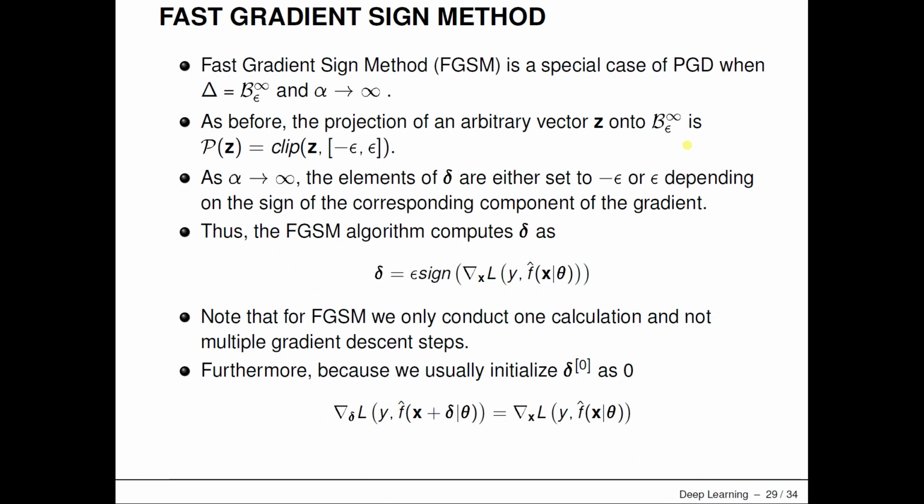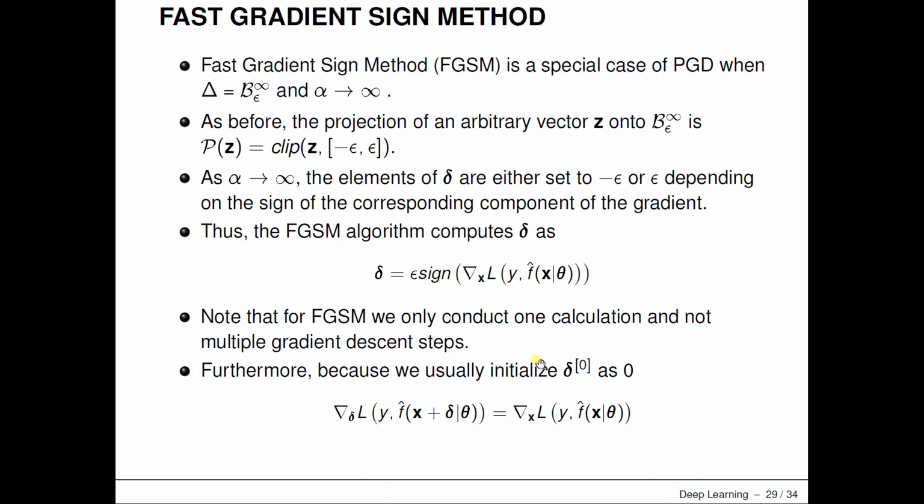This can be, for example, achieved by selecting an infinitely large learning rate alpha, exactly as we say here. Another simplification of FGSM is that we perform only one optimization step, not multiple steps like in PGD.